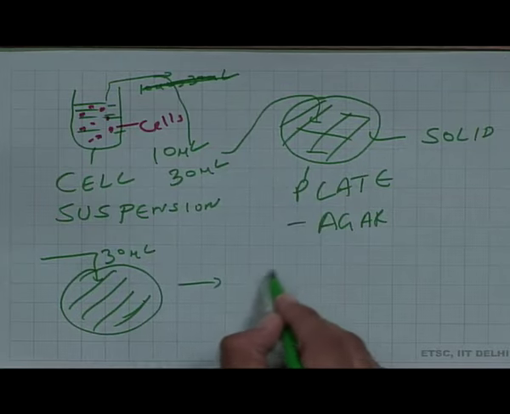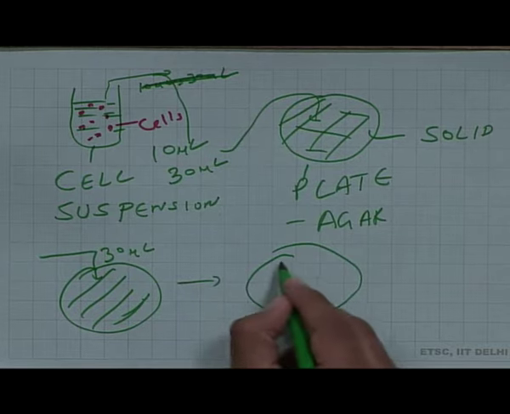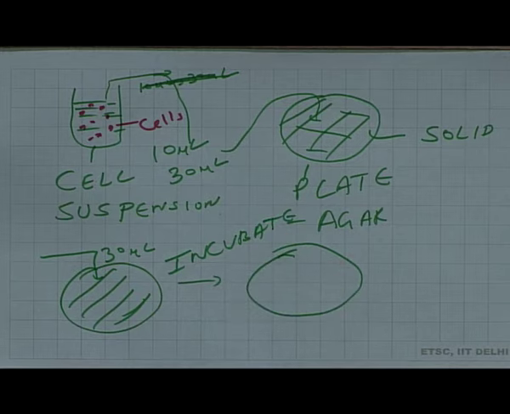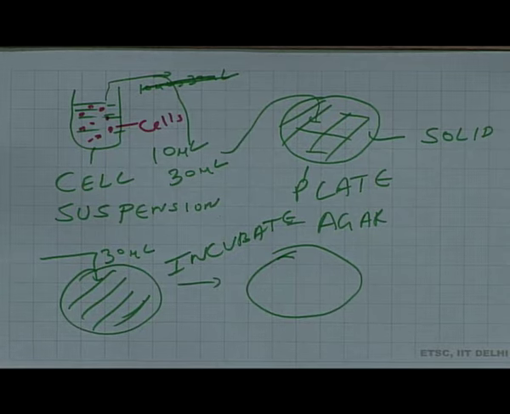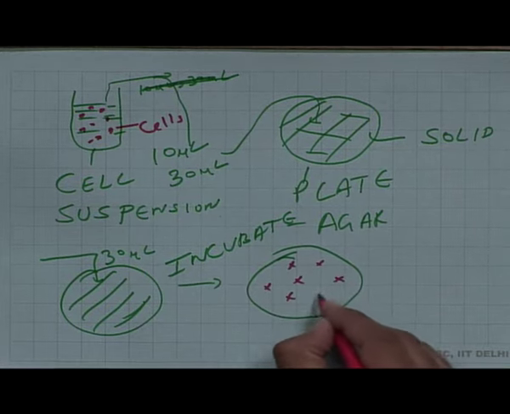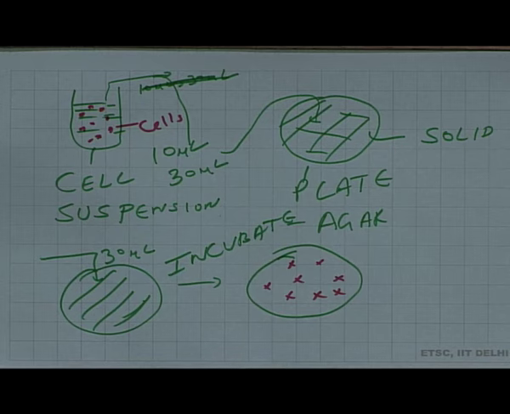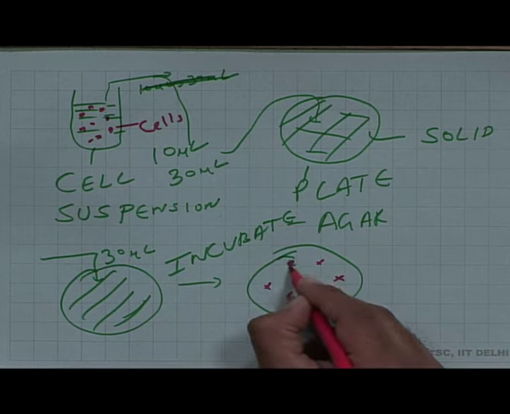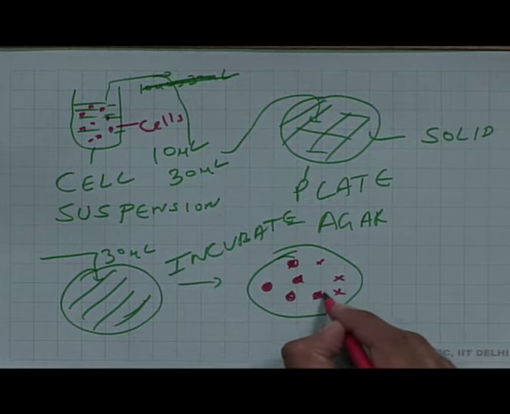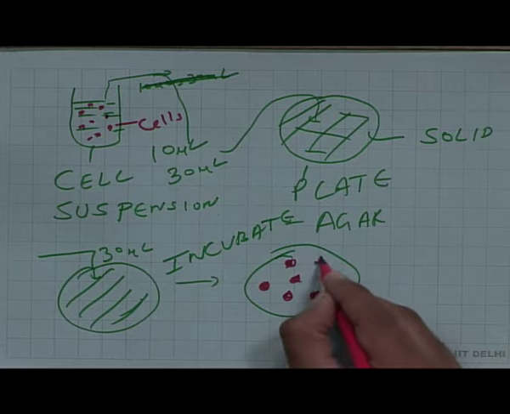That is how you distribute it, and after that you incubate it at a temperature and just keep it there, and then what you will see is something like this, specks. If you can see it with the naked eye, it will be circular in shape, and separate.